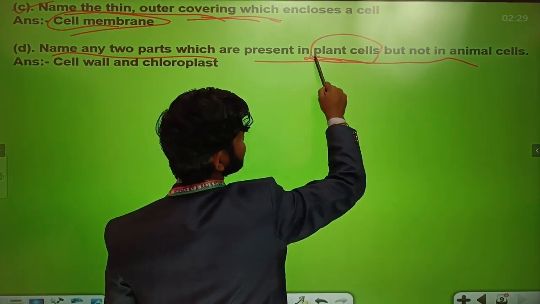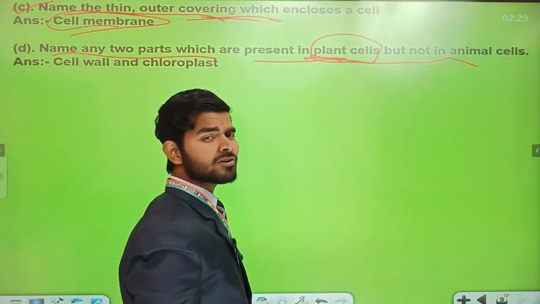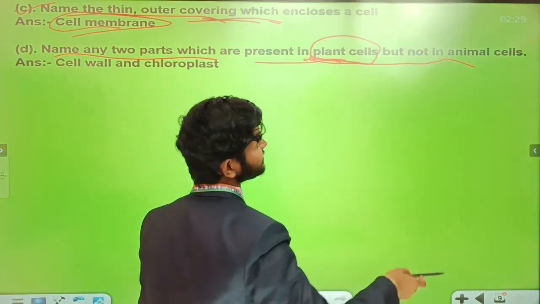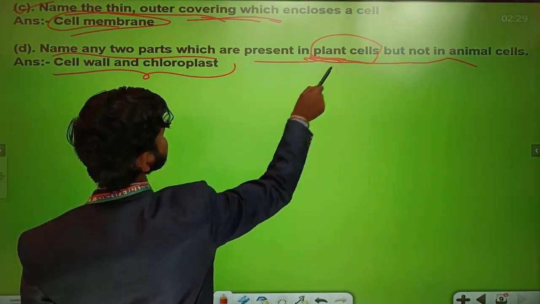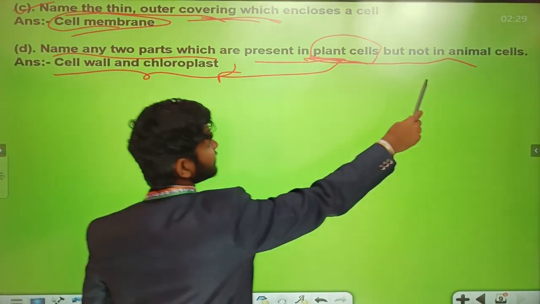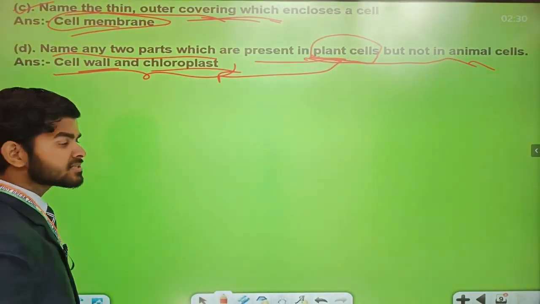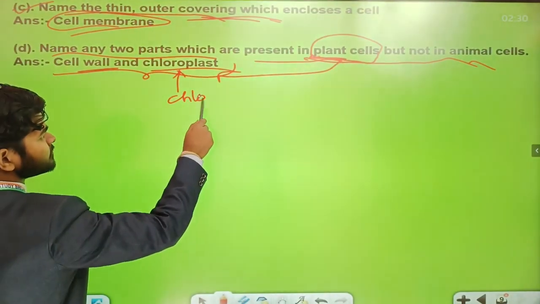Plant cells have a cell wall, and they also have chlorophyll, so plant cells can do photosynthesis. These are the two things present in the plant cell but not in the animal cell: cell wall and chloroplast, because inside the chloroplast there is chlorophyll.